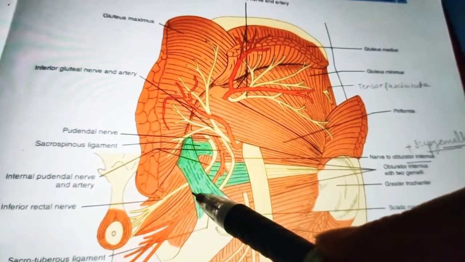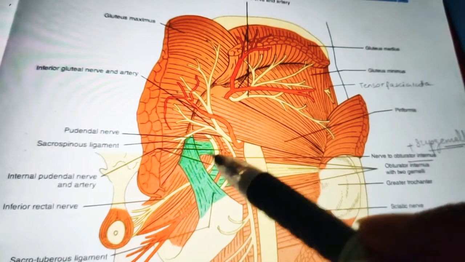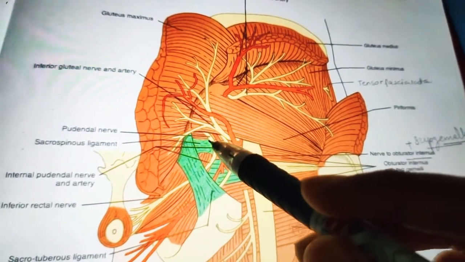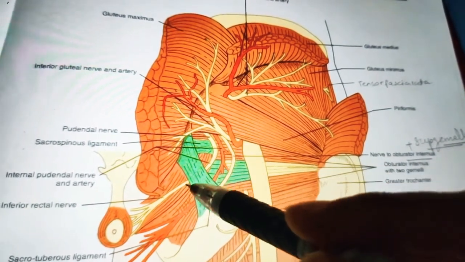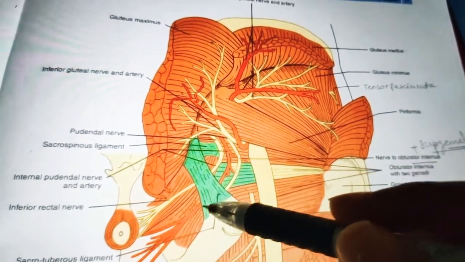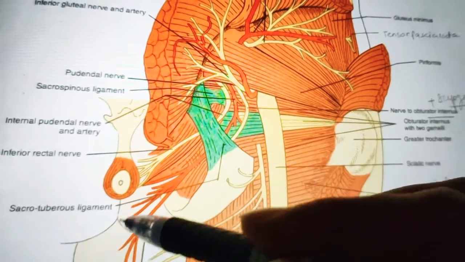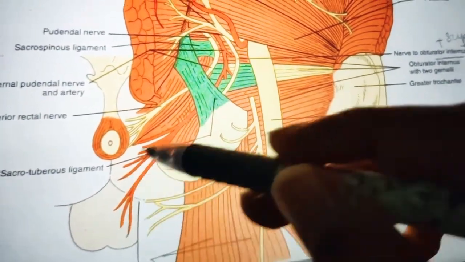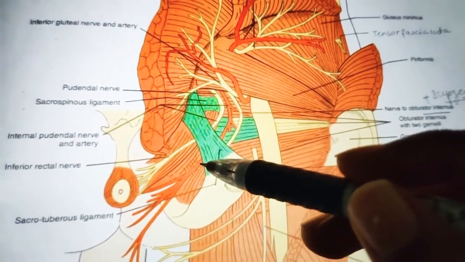It is absolutely the same as the pudendal nerve, which passes through both the greater and lesser sciatic foramen and finally reaches the ischiorectal fossa. Even the artery reaches the ischiorectal fossa, as you can see here. So this is about the internal pudendal artery.